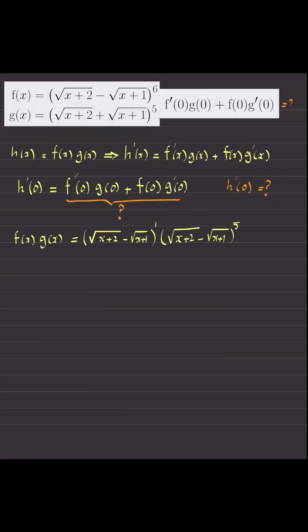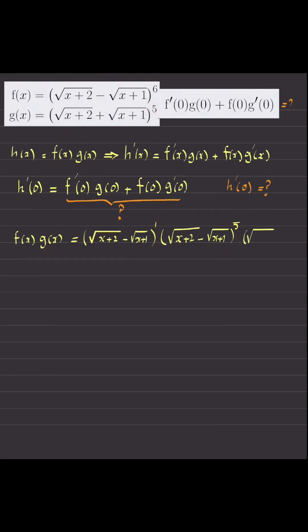So what I have done so far is write f of x in decomposed form. I have decomposed this exponent 6 to exponent 1 and exponent 5, and then I multiplied this by g of x, which is this expression, with exponent 5. You will see why this is useful.